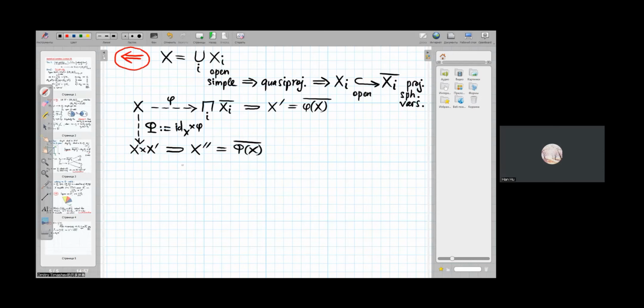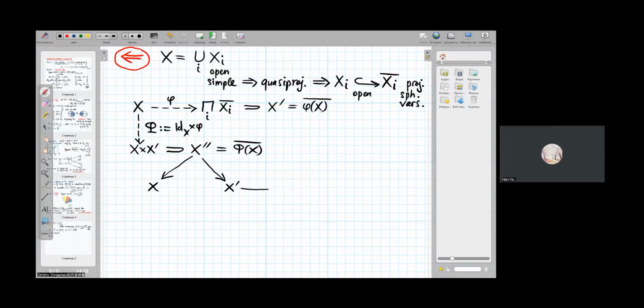So that we have two projection maps from X double prime, on one side to X, and on the other side to X prime. And also for each of these indices i, we have a projection map from X prime to xi bar.